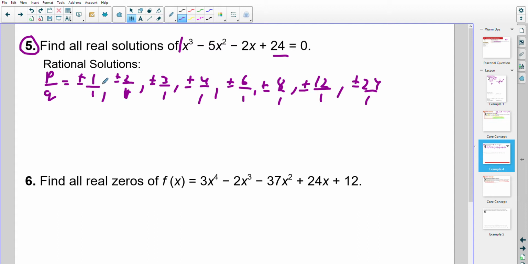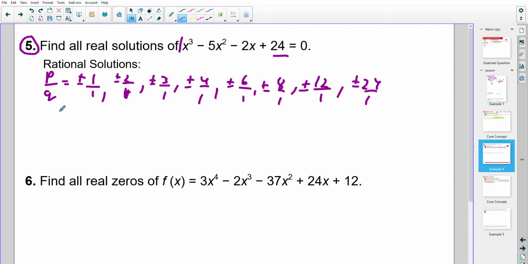All of these, plus or minus 1, plus or minus 2, these are all possible answers, all possible rational solutions to this equation. So now you've got to figure out, well, which ones are the rational solutions.